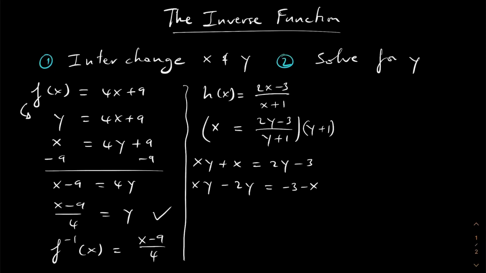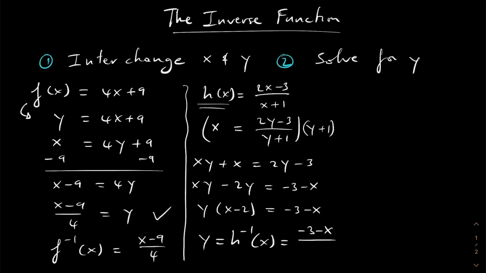Factoring the y variable here is going to give us y times (x minus 2) equals negative 3 minus x. Then dividing both sides by x minus 2, we finally obtain y, the inverse of the function h of x, which is h of x to the power of negative 1, equal to (negative 3 minus x) divided by (x minus 2). And that will be it.